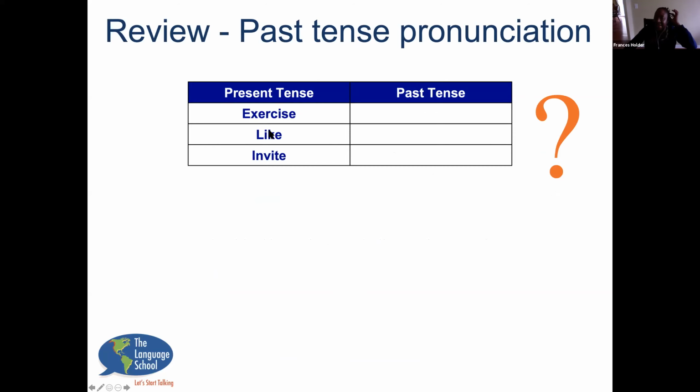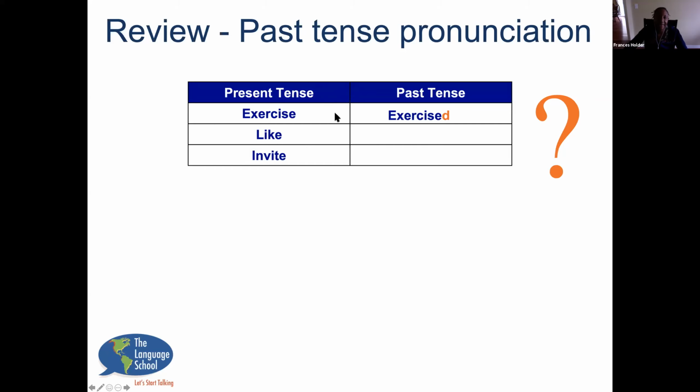So, what is the past tense of exercise? Exercising? Exercised, exercised. Yeah.